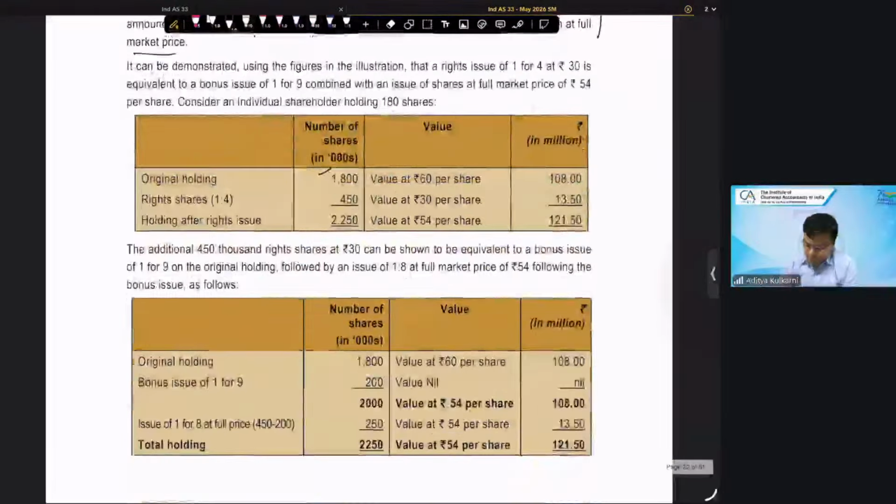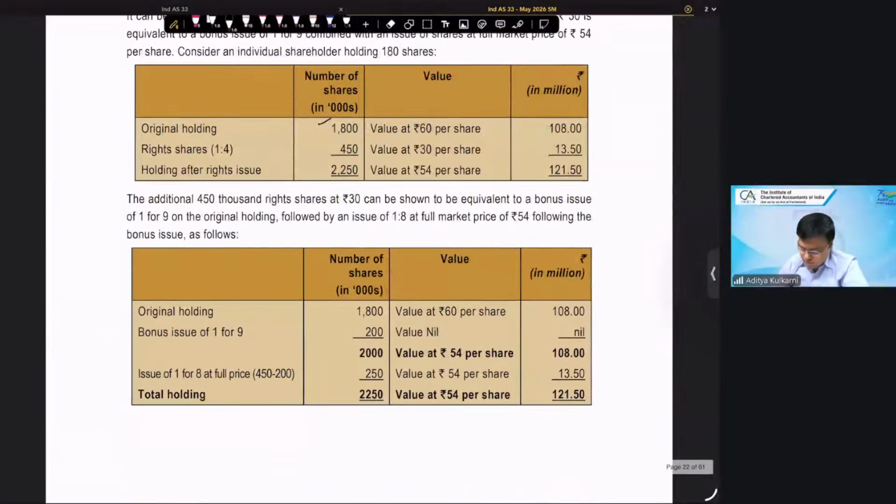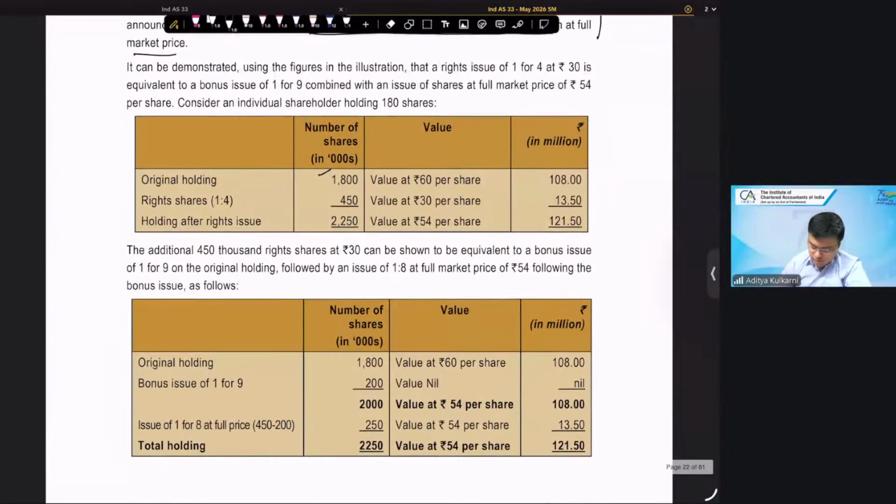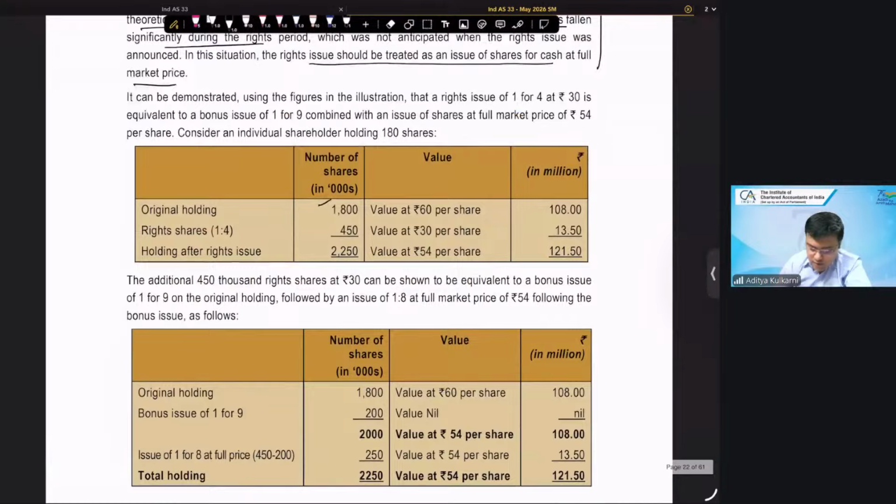Now, for 1,800 shares, I will get 450 rights shares. So after the rights issue, I will have 2,250 shares. Yes or no? This is clear? Yes, sir.